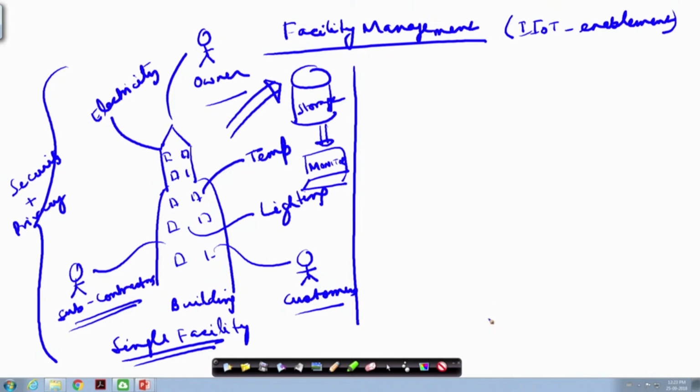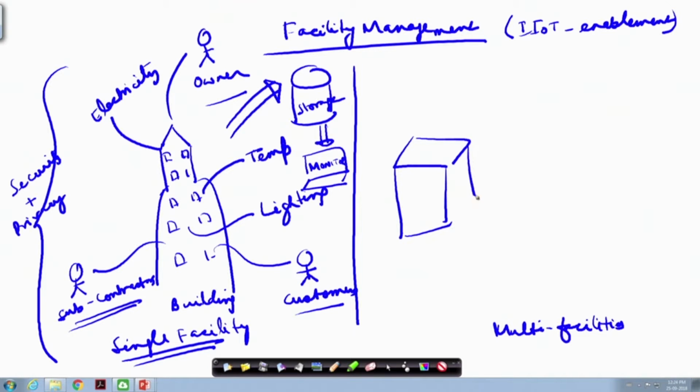This is the multi facility example, where you have multiple facilities being monitored. Here we are not just talking about a single building, but maybe a cluster of buildings, which all will have to be monitored.